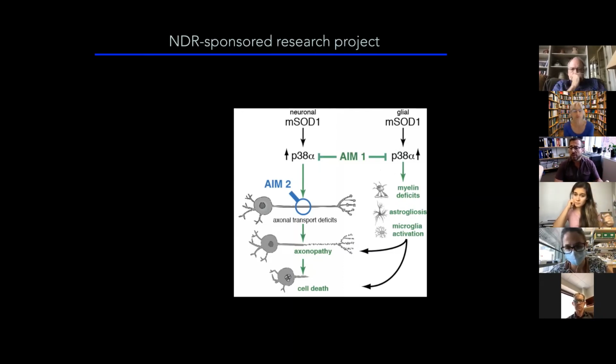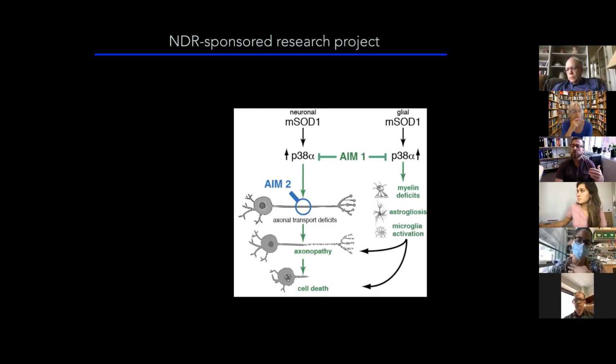But there are some other things that we can do in terms of proof of principle to try to determine whether reduction in the activity of this protein kinase has any ameliorative effect on any of these SOD1 and any of these ALS models. So life is complex and you have to pick and choose.